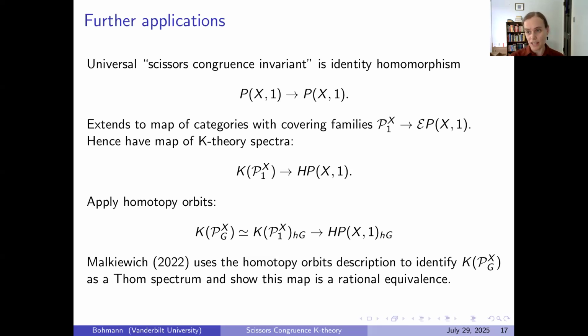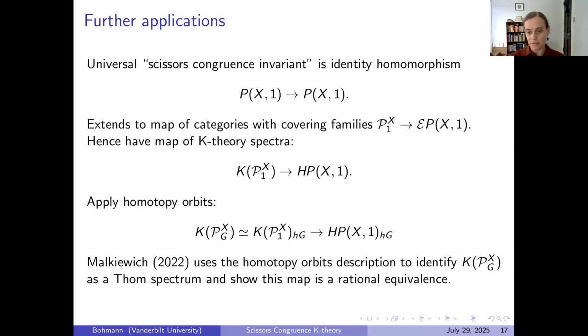So that's the Eilenberg-MacLane spectrum for pi0 of my K-theory spectrum. And what Malkiewicz does is use this homotopy orbits description to identify the scissors congruence K-theory as a Thom spectrum, and then he's able to show that this map is a rational equivalence.